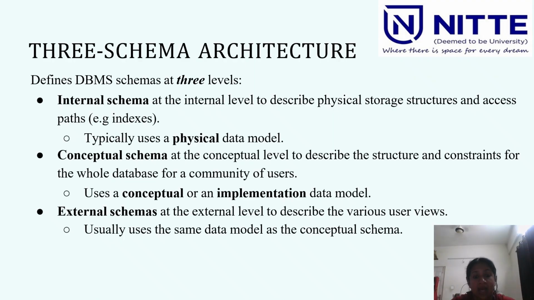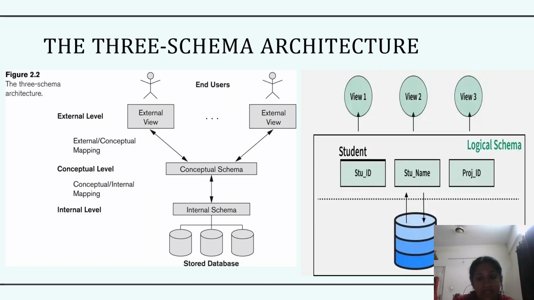The conceptual schema describes the structure and the constraints for the whole database for the community of users. The external level describes the various user views, usually using the same data model as the conceptual schema. So this is the complete three schema architecture diagram, very important.